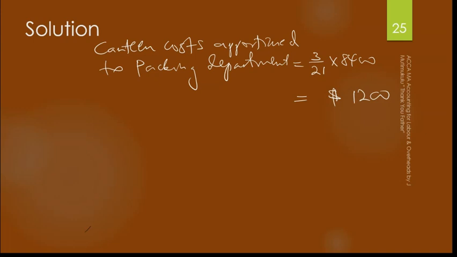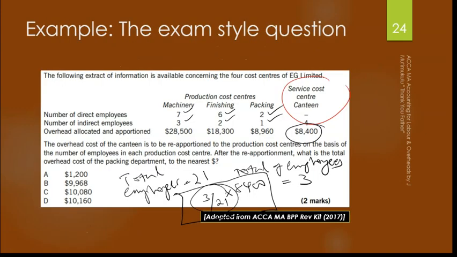Then we have to consider, because the question is saying, after the reapportionment, what is the total overhead cost of the packing department to the nearest dollar? So we need to consider the already allocated costs of the packaging department. These were 8,960.